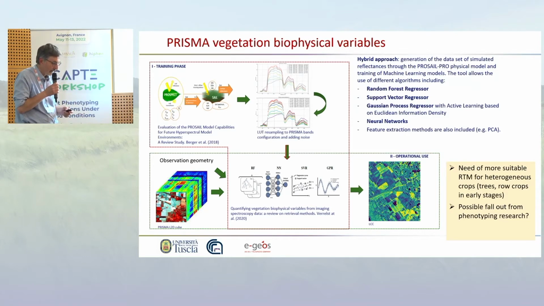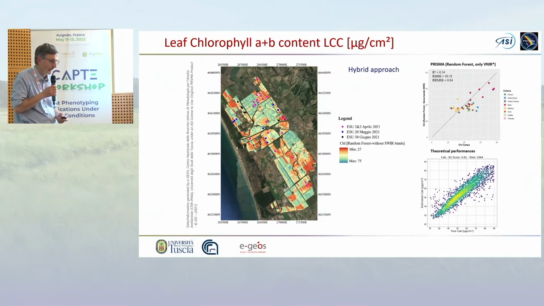What I think is also useful from what we've seen in these days is that there is a need for more suitable radiative transfer models for heterogeneous crops like tree crops and row crops. We've seen some applications today using 3D models. I think it's a very possible fallout from the phenotyping research that we've seen these days. So it will be very interesting.